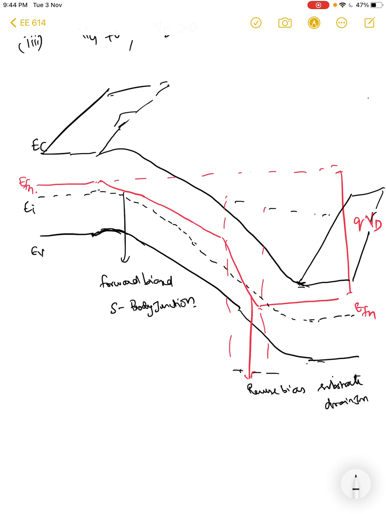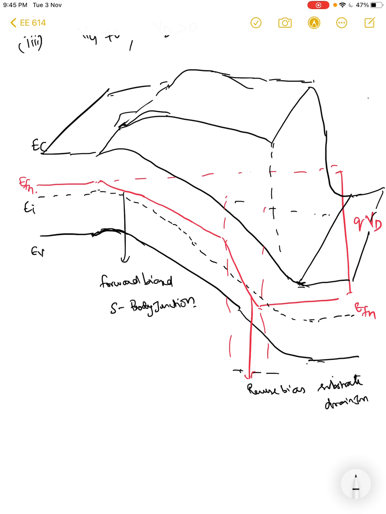At the drain substrate junction, we have to remember that deep in the body nothing much has really changed. So you will have a rise which falls down sharply. These regions are deep in the body, and nothing much has changed.